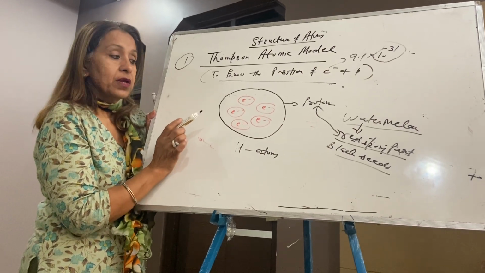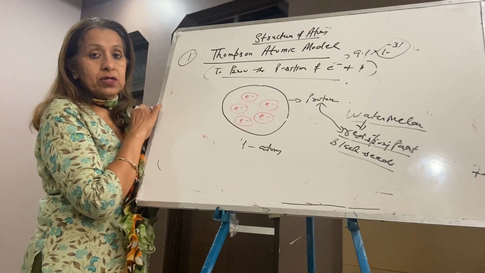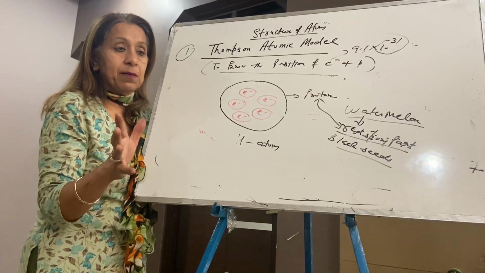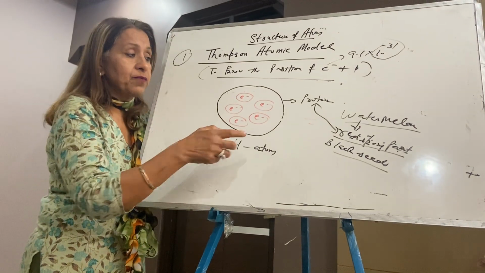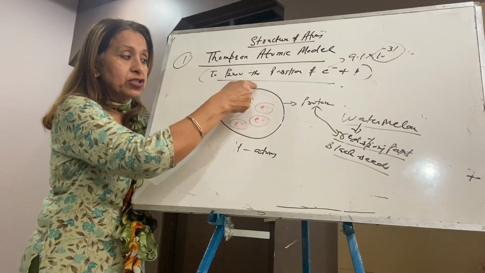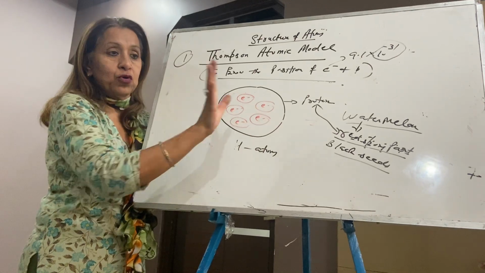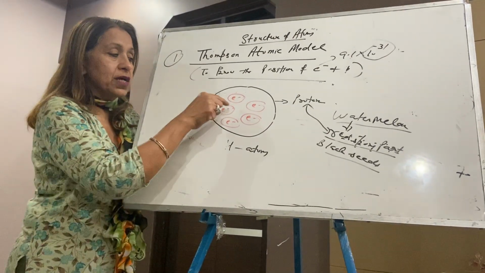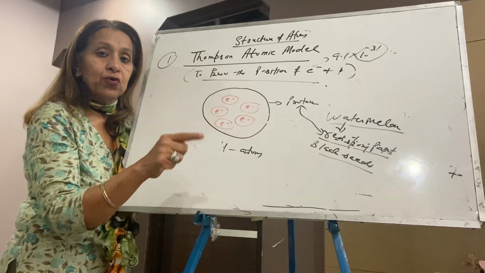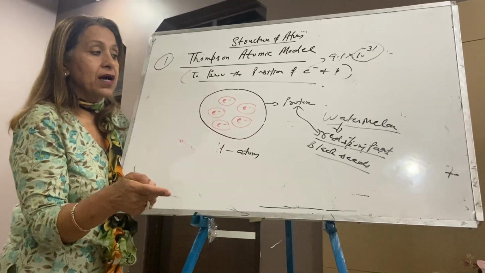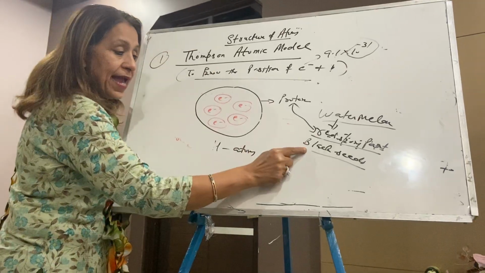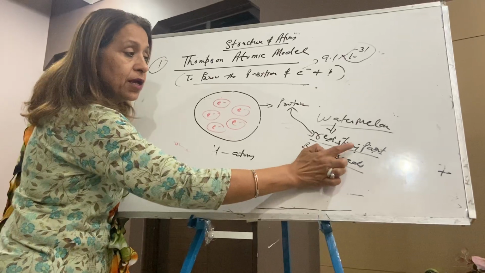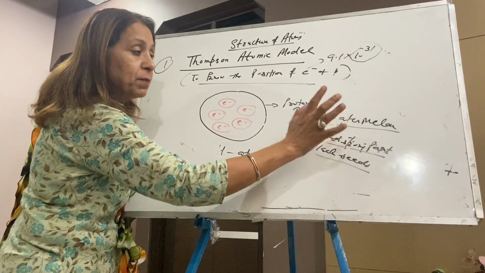Again listen. Thomson thought the mass of the proton and the mass of the hydrogen atom is the same. That's the reason this total is the hydrogen atom and this total is the proton. And electron has a negligible weight, so electrons are embedded within the proton like the black seeds embedded in the red spongy part of the watermelon.